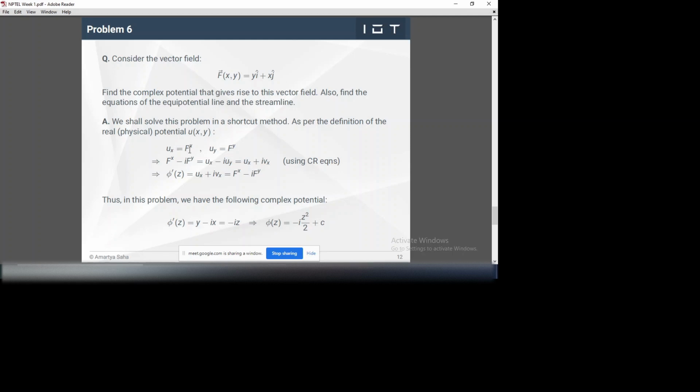So u_x is equal to the x component of the vector field, and u_y is equal to the y component of the vector field. Okay, that part is fine. And then if we combine this f_x minus i f_y, please look carefully at this combination.